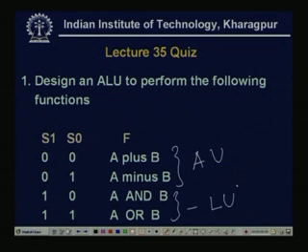If the select lines are 0 0, it will be addition. If it is 0 1, it will be subtraction. If it is 1 0, it will be a simple AND. If it is 1 1, it is A OR B. So, design an ALU so that it performs these arithmetic and logic operations. This is the quiz question.